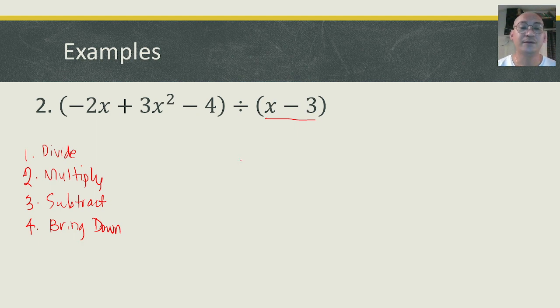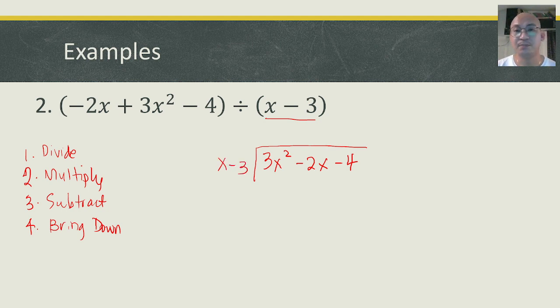So rewrite first the dividend into descending power, and that is 3x squared minus 2x minus 4. So this is already in order. Divided by x minus 3.